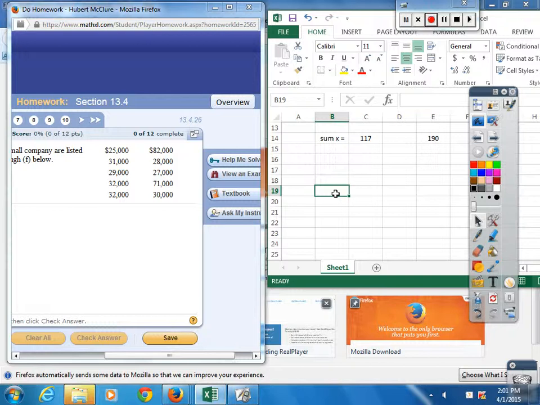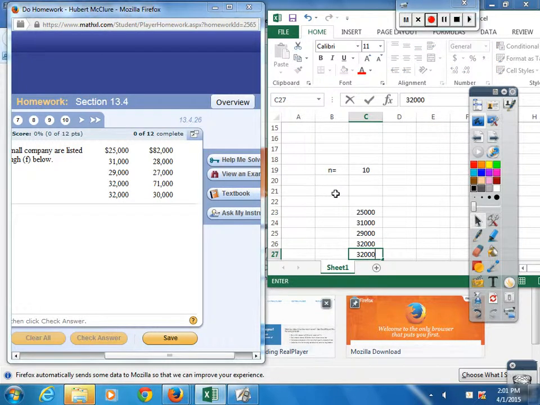N is equal to 10. $25,000. $31,000. $29,000. $30,000. $82,000. $28,000. $27,000. And 30,000.